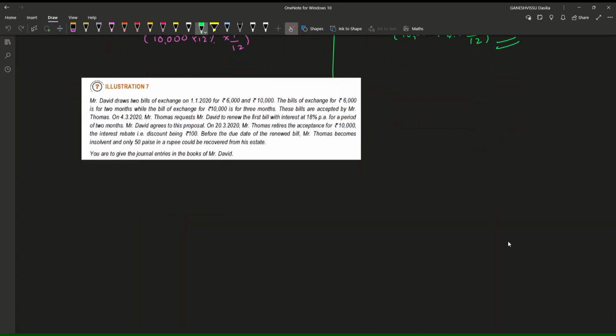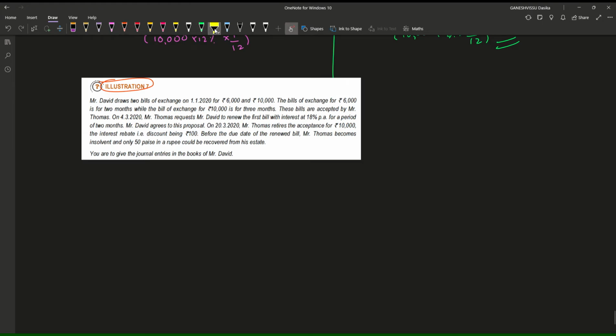This would be a trick question, and it is related to insolvency. I think you know about insolvency. What is insolvency? Insolvency means not being able to pay, or not being able to receive the amount. Now let us go for the question on insolvency.